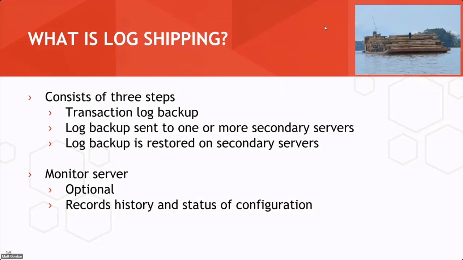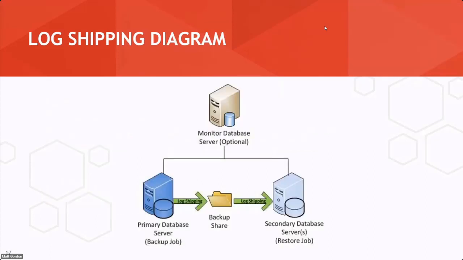Did the backup run? Was it sent? Was it restored? All those things. You can look at all that independently, but the monitor server kind of gives you a one-stop shop where you just go and say, oh yeah, that job didn't run yesterday and I need to go find out why. Instead of having to look at 1, 2, or 3 or more servers trying to figure out why that is.